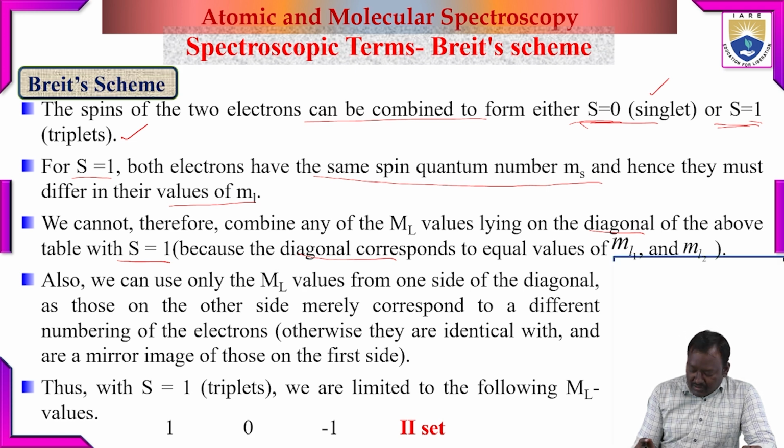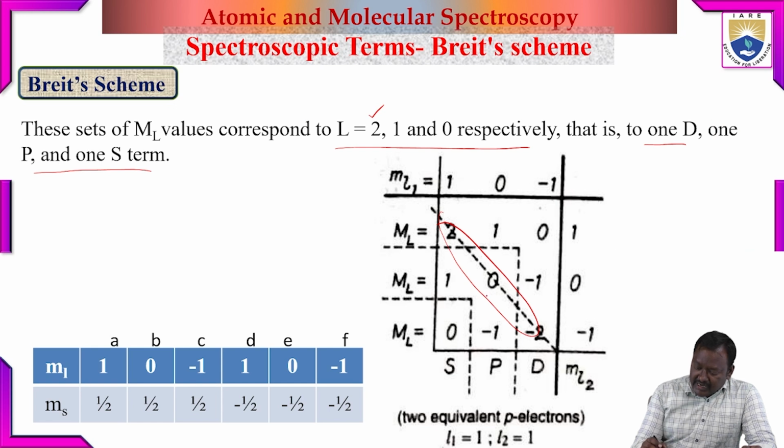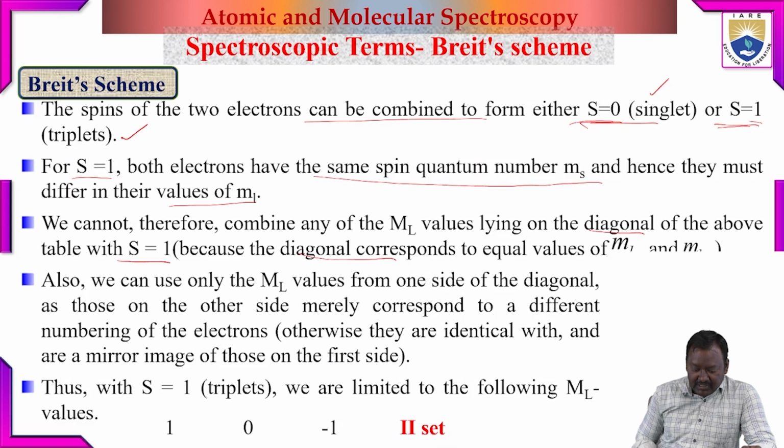Okay, so if we remove these diagonal values, the remaining values, either in the downside or upside, that means 1, 0, minus 1, form one side of the diagonal. It corresponds to the values for s equal to 1.